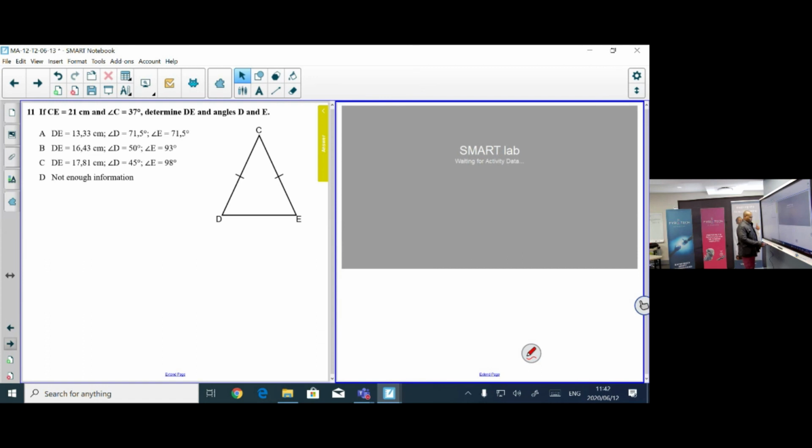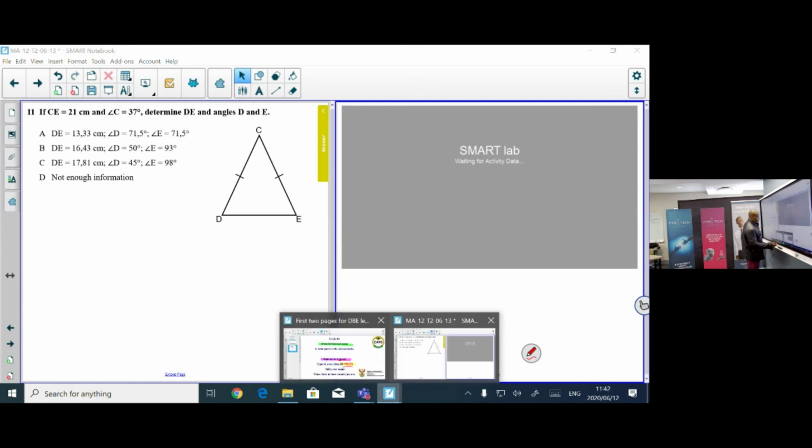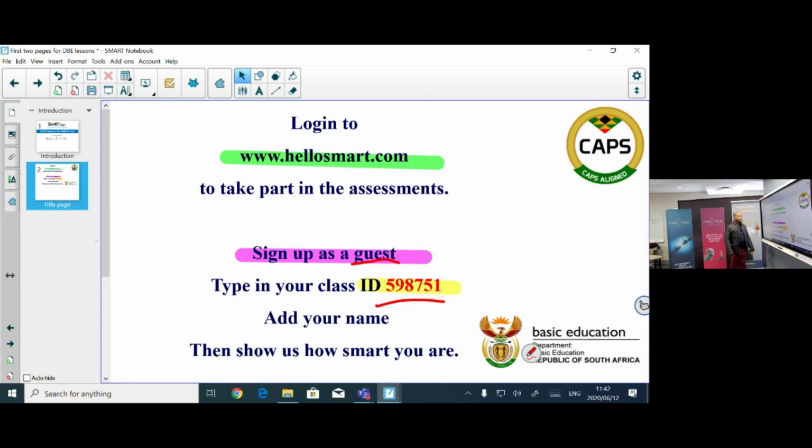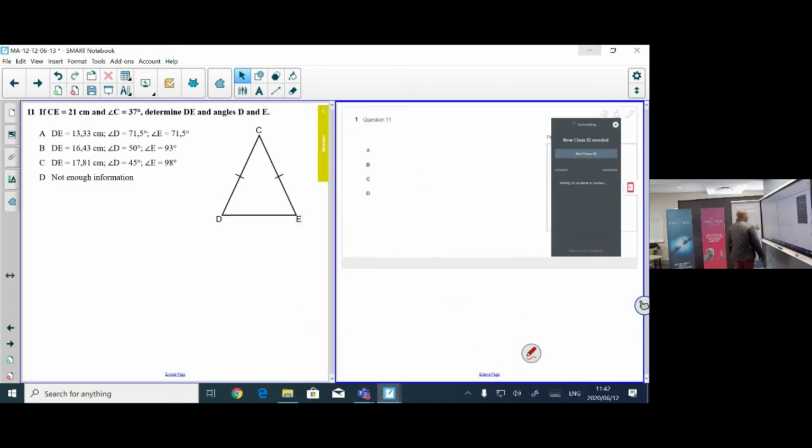Before I read that question, I'm going to remind those who must connect that you are to go to the website, which you type www.hellosmart.com, and then you sign up as a guest using the ID number 598751. Then you add your name there, and voila, you are connected.